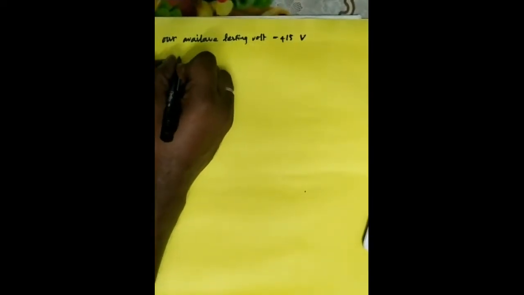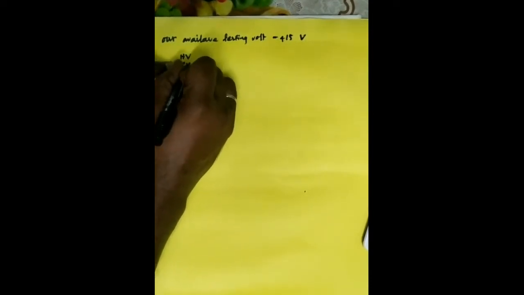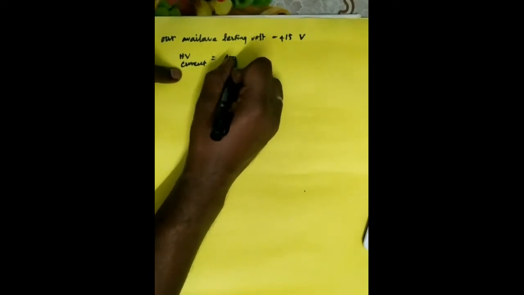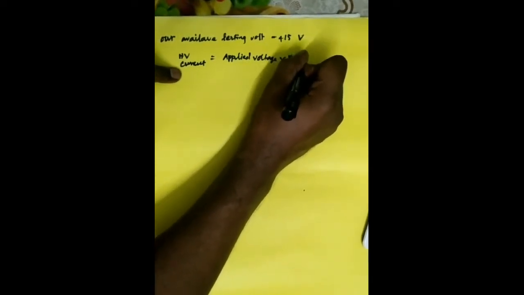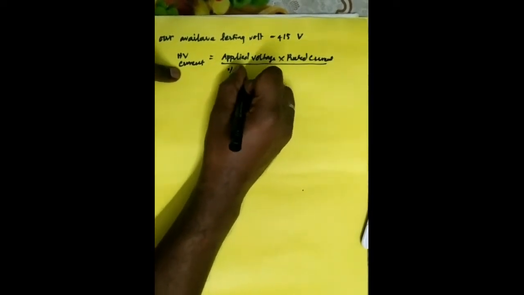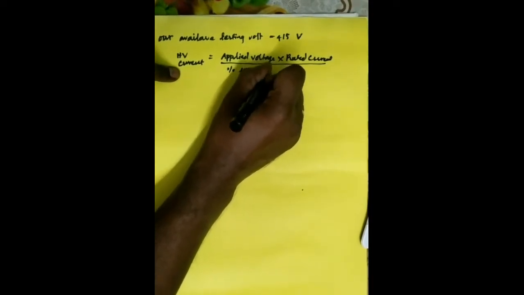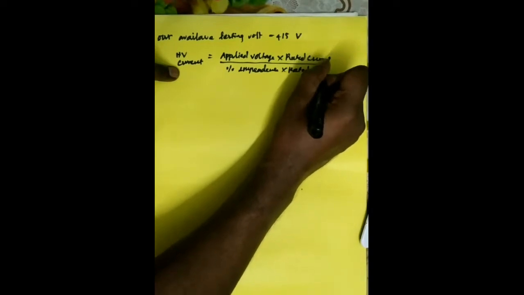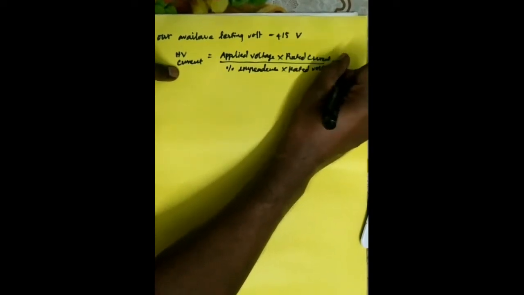For this one, the formula is HV current equal to applied voltage into rated current divided by percentage impedance into rated voltage into 100.